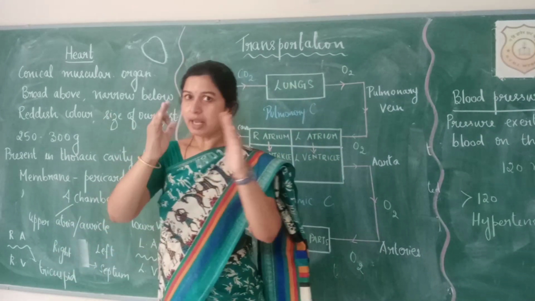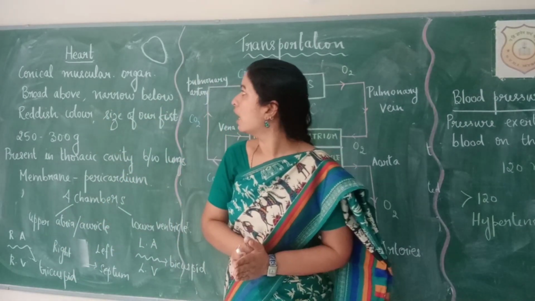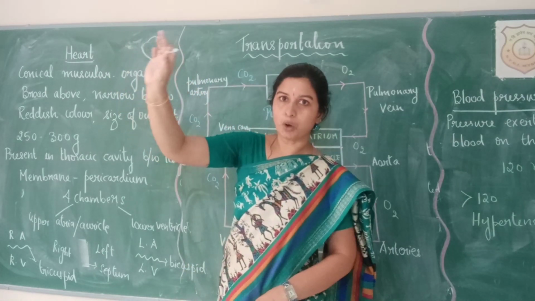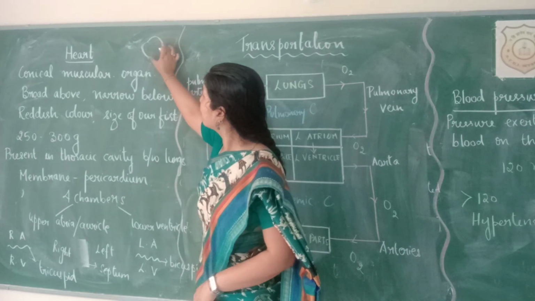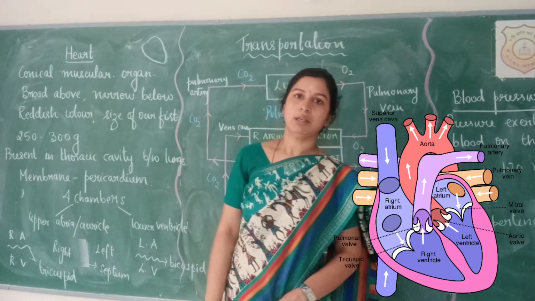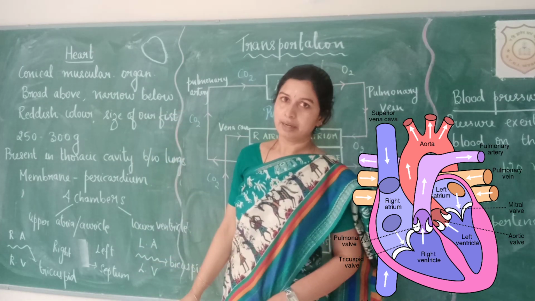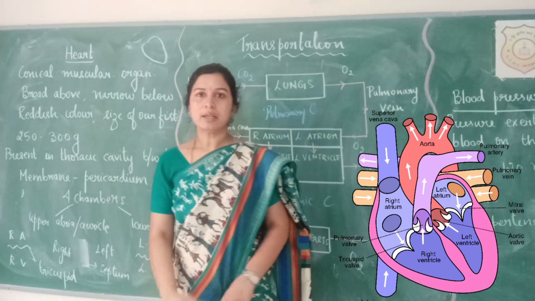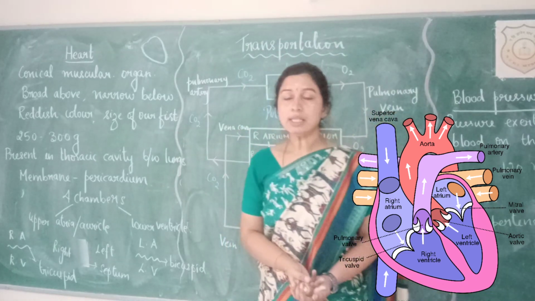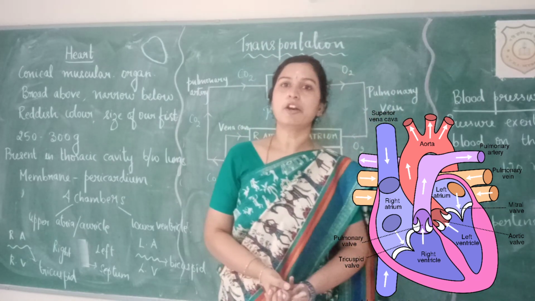If you see again the structure of the heart, it is broad above. The upper portion is broad and it narrows down as it comes below. So the lower portion, or the apex, is narrow. The color is reddish. And what about the size? It is the size of our fist.